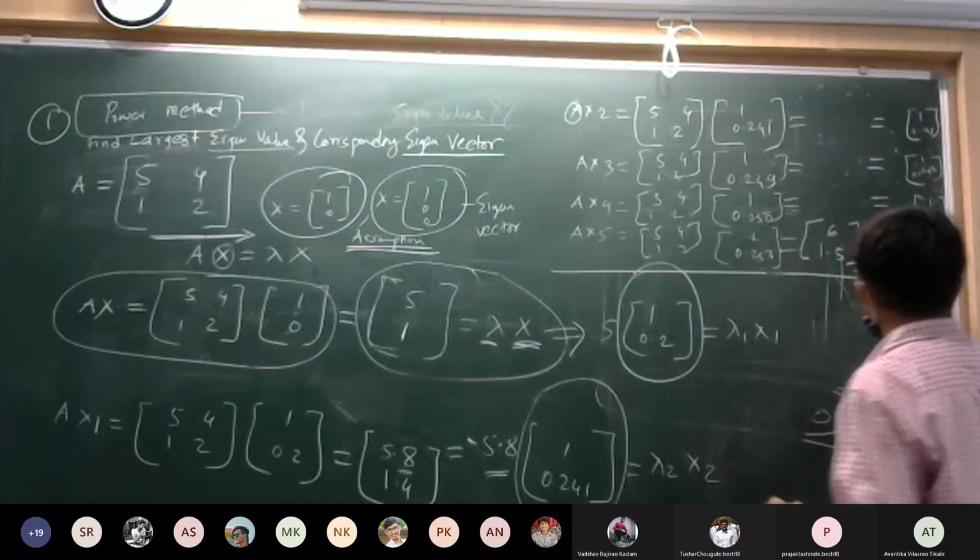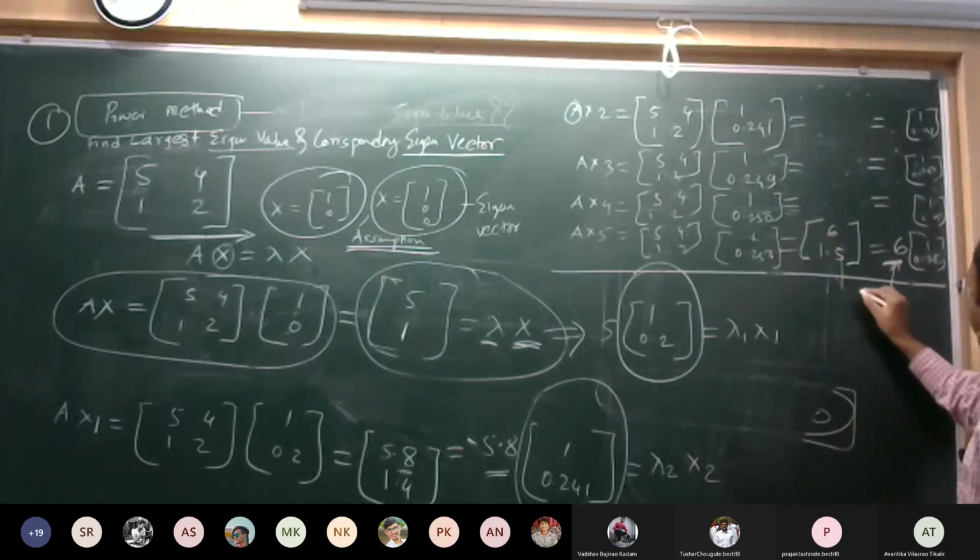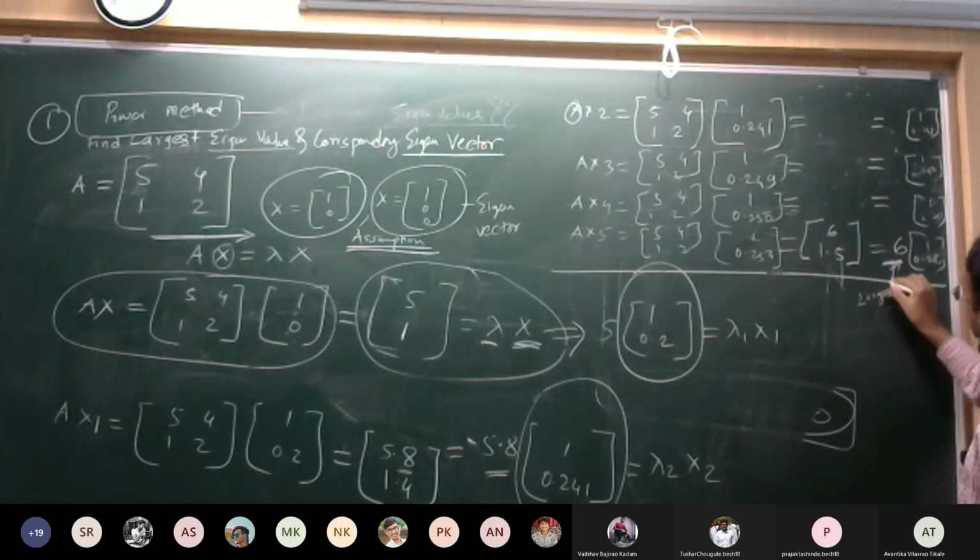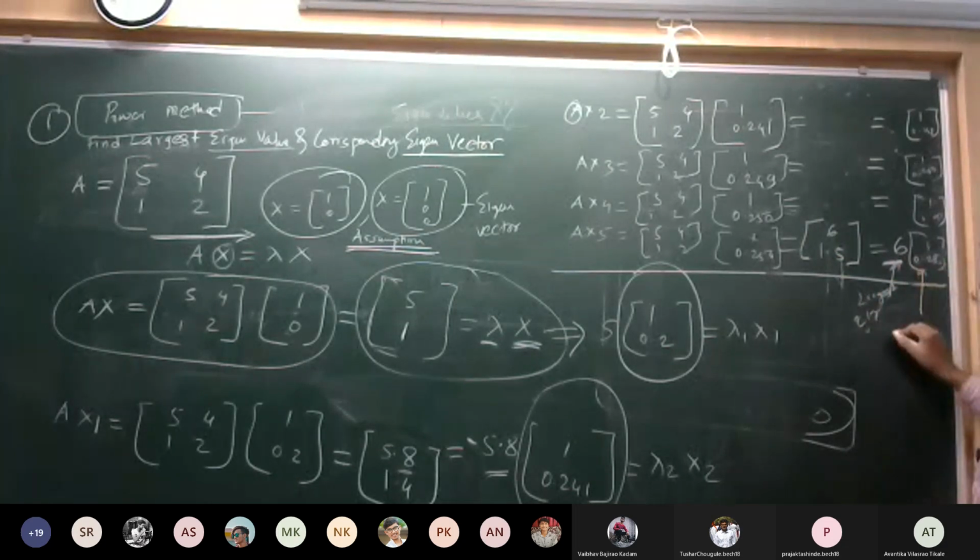So the last answer would be, we can say this is the largest eigenvalue, and this is the largest eigenvector.